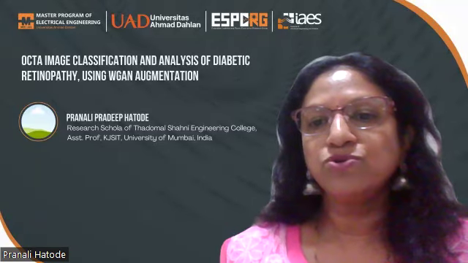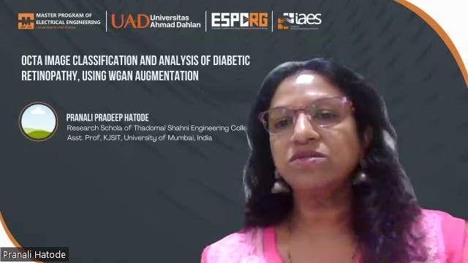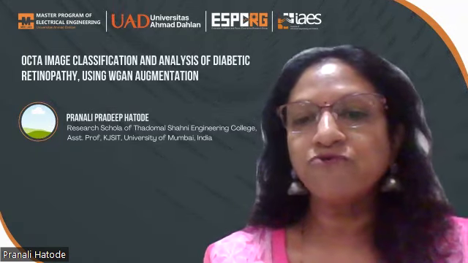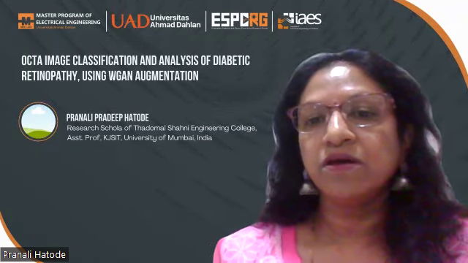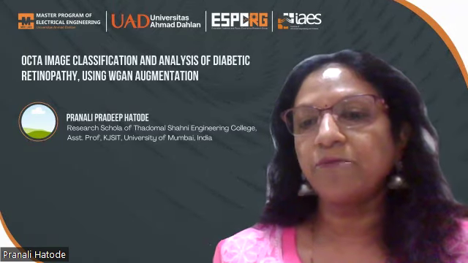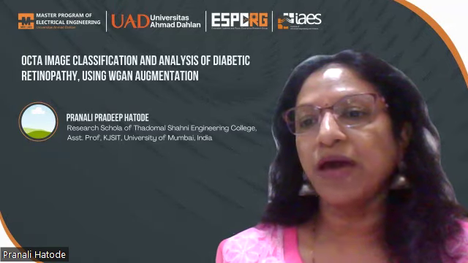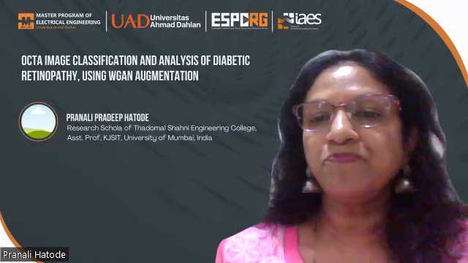Now coming back to WGAN. WGAN is a variant of a generative adversarial network, that is GAN. This is Wasserstein GAN, and its acronym is WGAN. It is a particular kind of GAN.